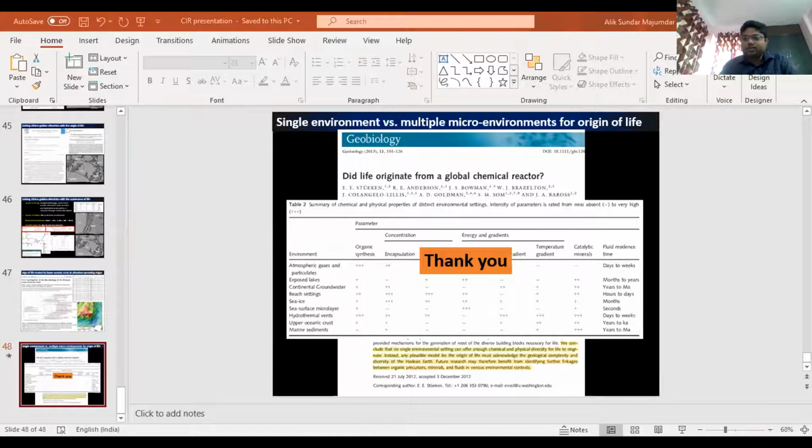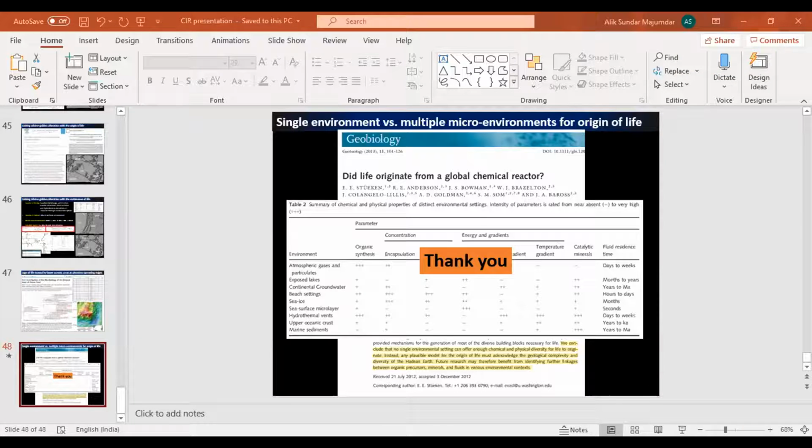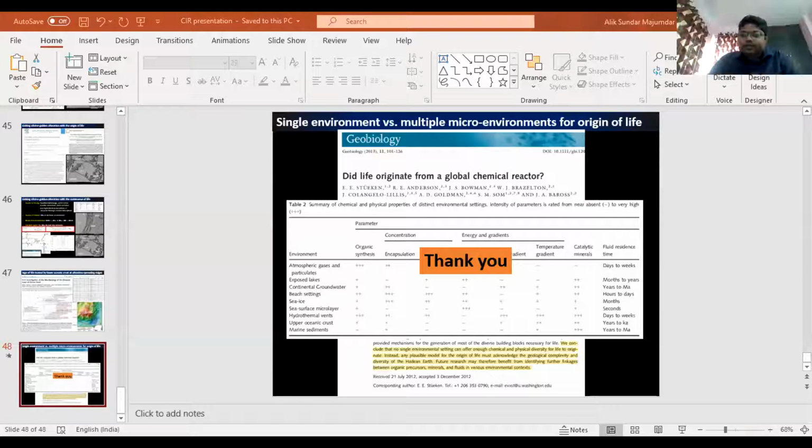Okay, the next question is from Sangeeta: how in Mars only hydrous minerals are present? No land, no water, right? See, Sangeeta, whatever Mars we are studying today, the present Earth condition was on Mars 2 billion years ago.